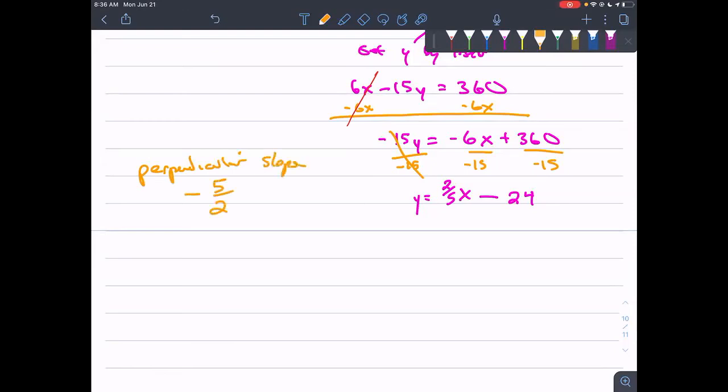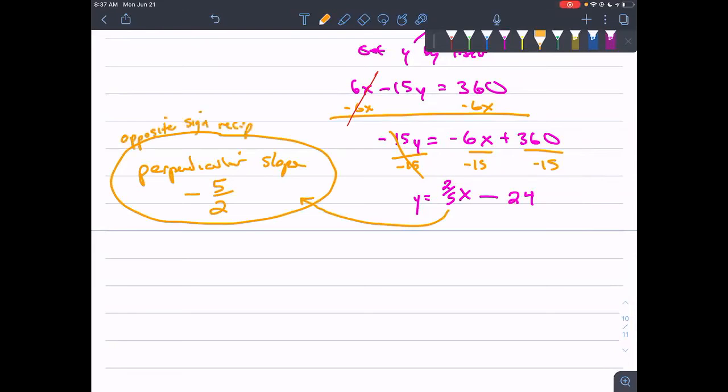Perpendicular slope. And I'll write that again. It's the opposite sign and reciprocal. Okay, just a few more examples and then we'll be done.